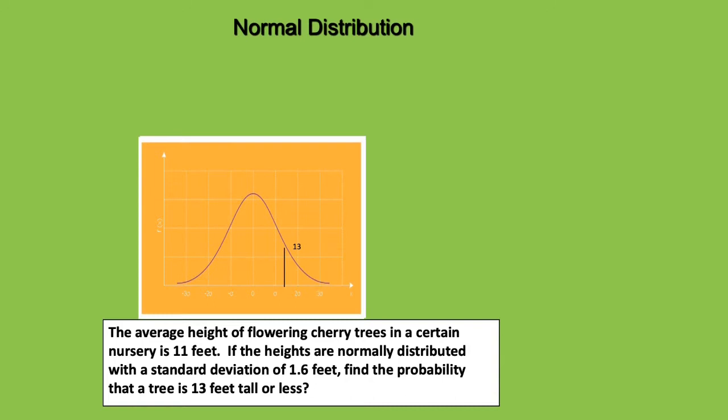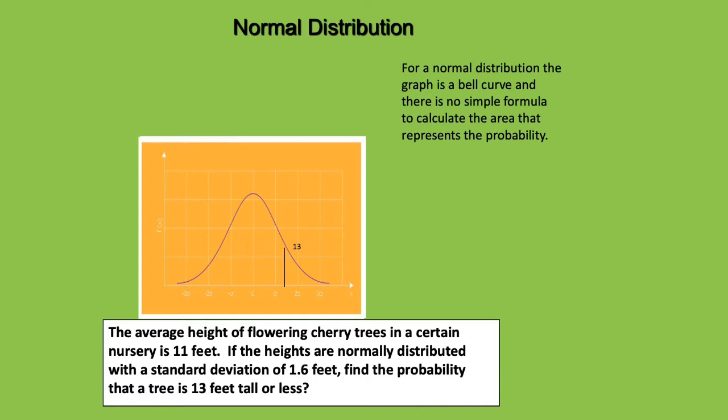So now we're in a position where we're going to actually come up with the answer to this question without going through a long, involved manual formula. We know that for a normal distribution, the graph is a bell curve.